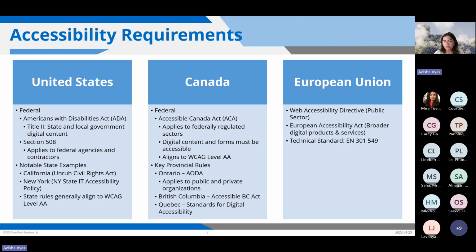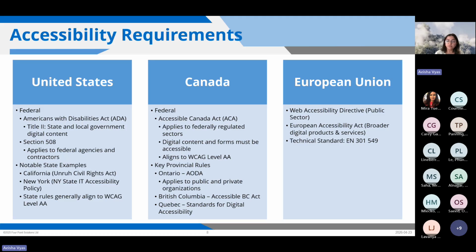Under ADA, WCAG 2.1 AA level is the technical compliance standard, while Section 508 currently aligns to WCAG 2.0 level AA. In addition to the federal rules, requirements can also vary by state. Some states like California and New York reinforce these expectations through their own accessibility policies, and both require adherence to WCAG level AA as well.